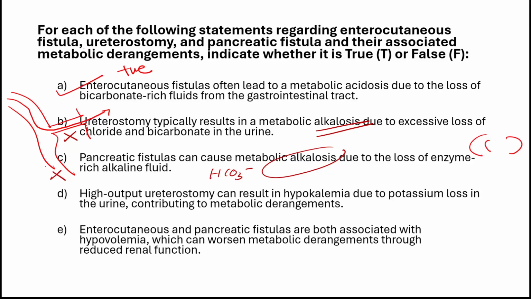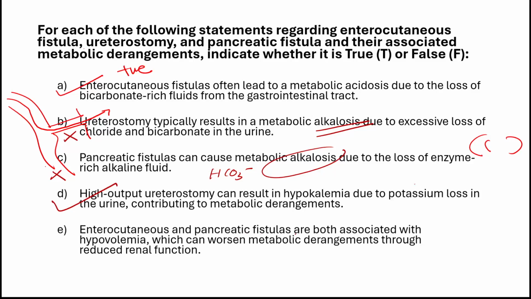So there will be excessive loss of potassium ions, and hence there will be hypokalemia, which will lead to consequences such as muscle weakness and even arrhythmia because of the electrolytic disturbances that happen in the blood plasma. Right. So bicarbonate, sodium and high potassium loss is something that you see in high output ureterostomies. So this is actually a true statement.